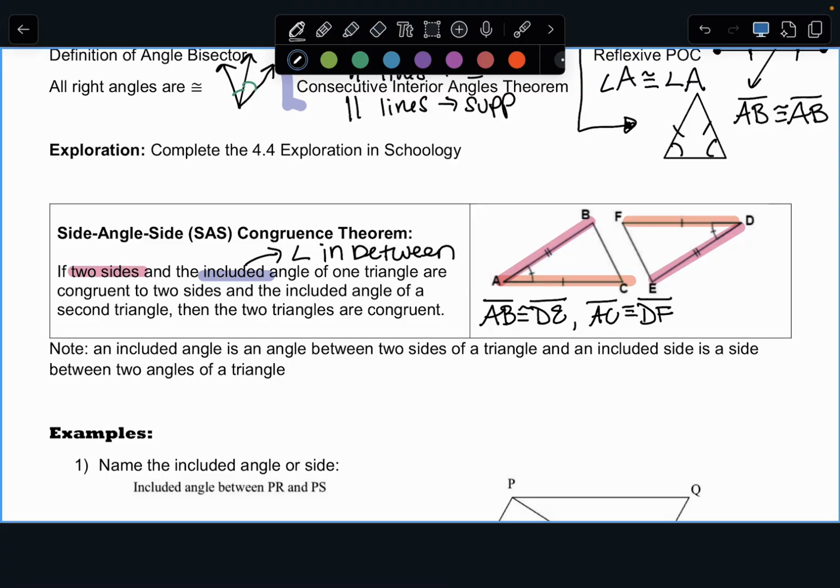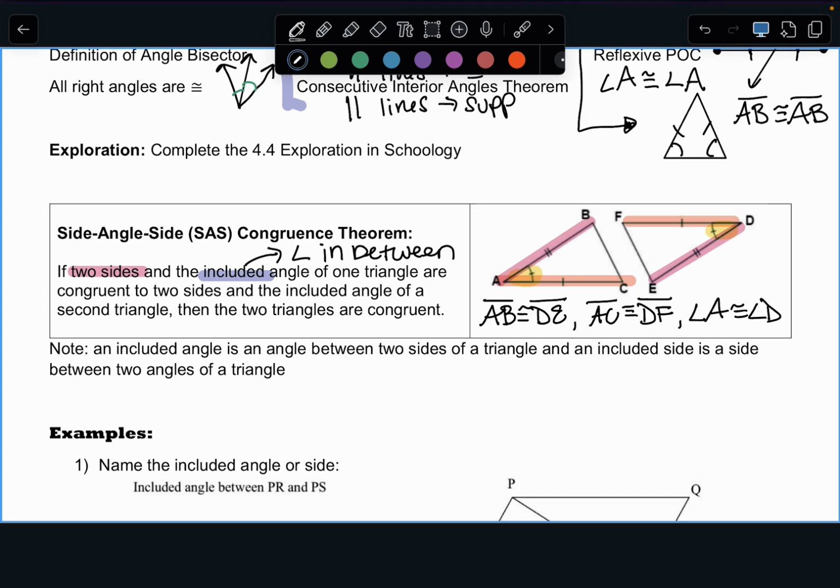So what angle is in between the pink and orange sides here? What's the name of it? We name an angle by 1 or 3 points, so not 2. What's this angle called? That's in between, or this angle. Angle A and angle D, yeah. So what we have here is two sides and the included angle.